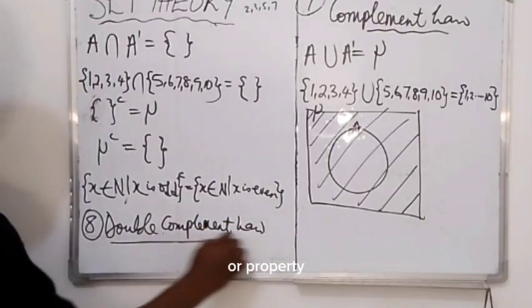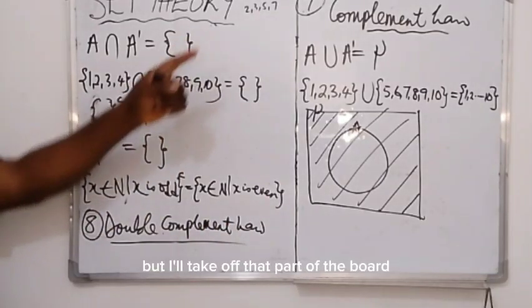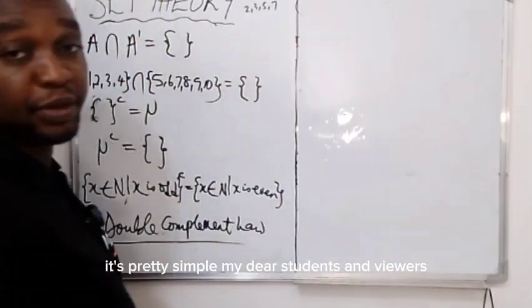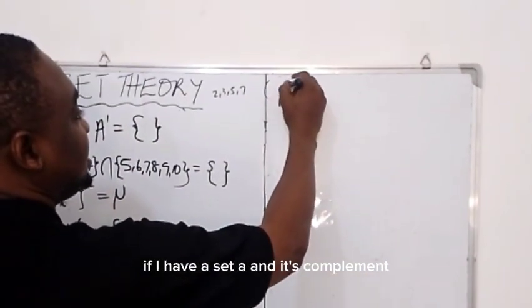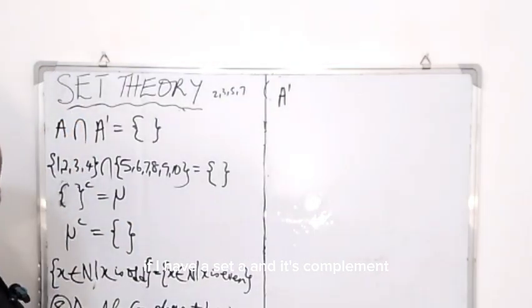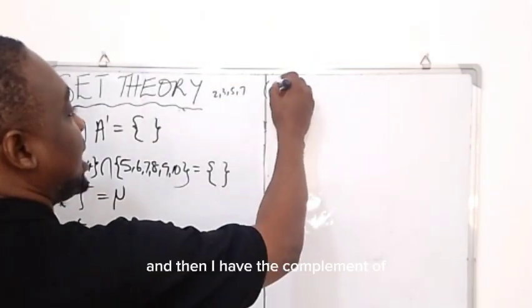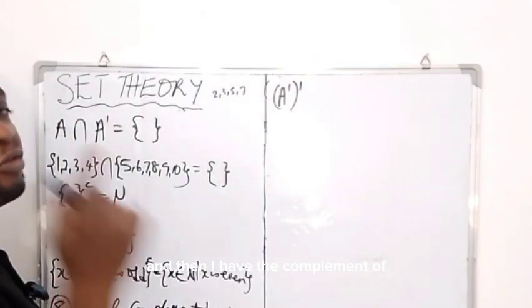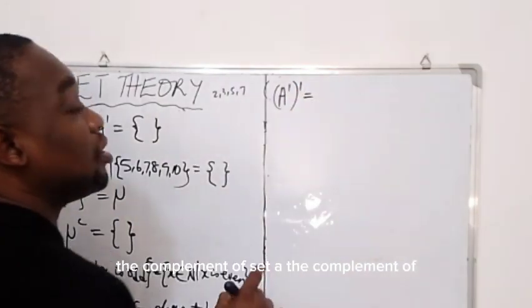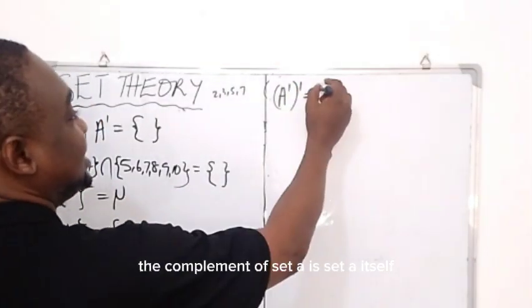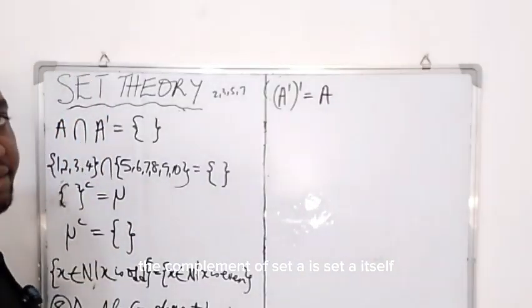It's pretty simple, my dear students and viewers. If I have a set A and its complement, and then I have the complement of set A's complement, the complement of set A complement is set A itself.